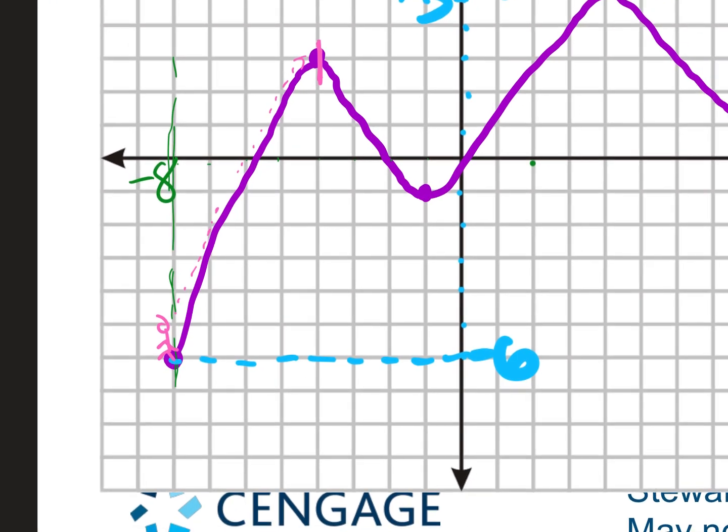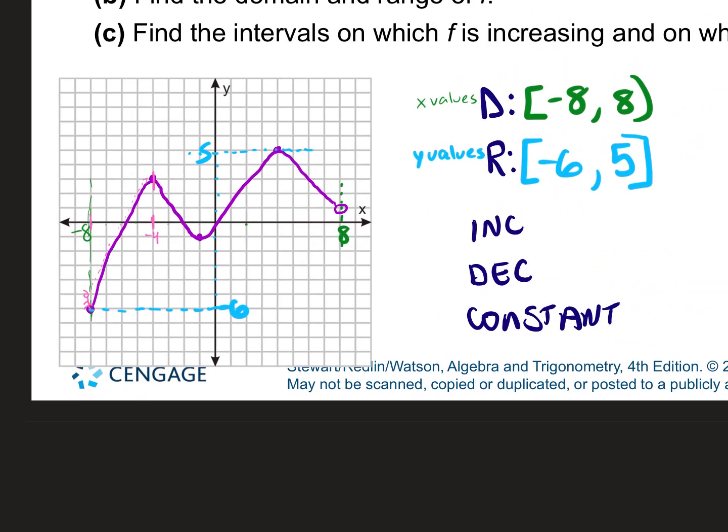So what is my x value when I start increasing? -8. And what's my x value when I stop increasing? -4. Perfect. So I'd be increasing from -8 to -4. And remember, increasing, decreasing, and constant are always parentheses.